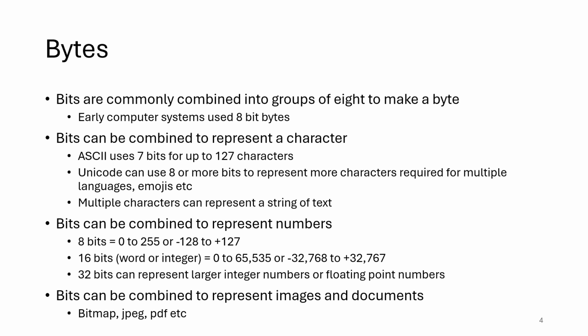And with modern systems, bits can be combined to represent images and other documents. So for example, we can have basic bitmaps where the bits represent a simple image, but then there are various compression formats like GIF and JPEG, and then we can also have larger documents like PDF, and of course typical files like Microsoft Word, Excel, PowerPoint, AutoCAD files, and so on.